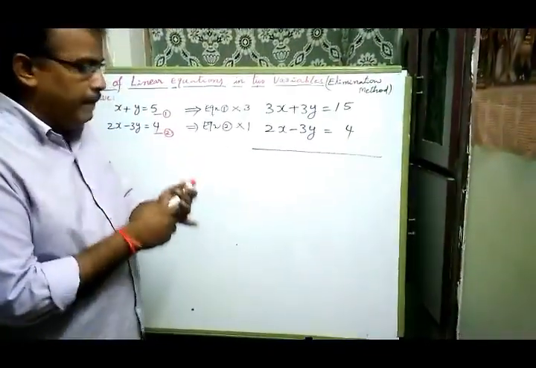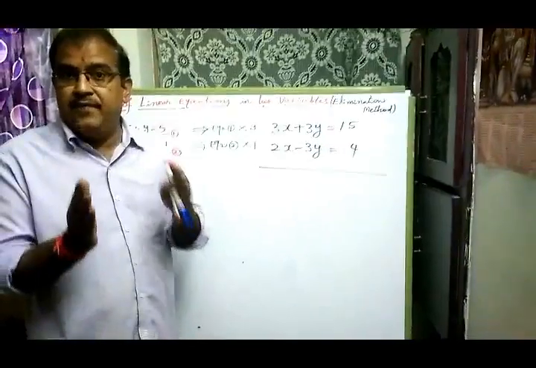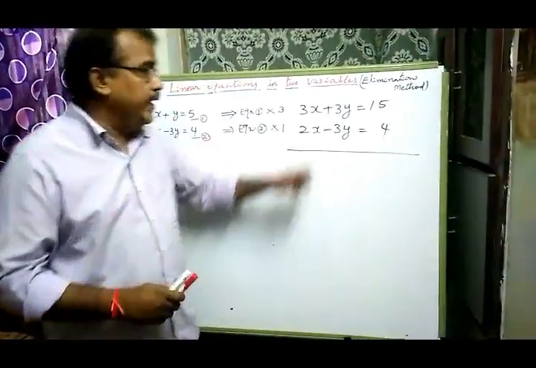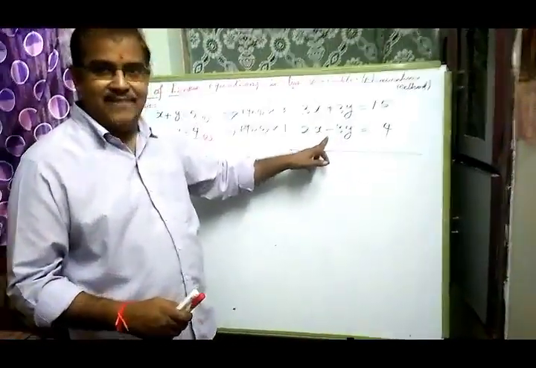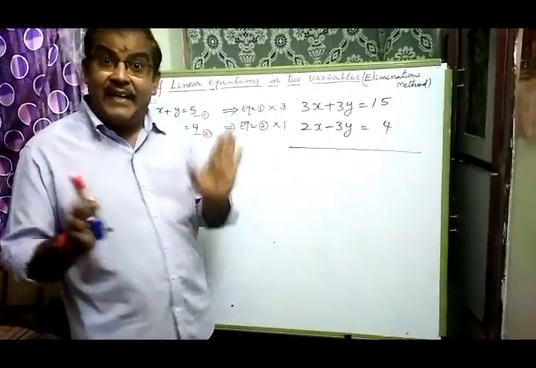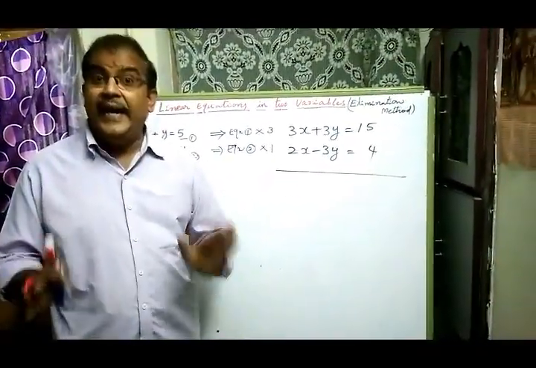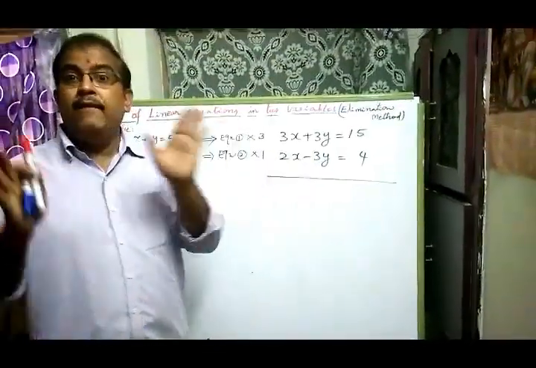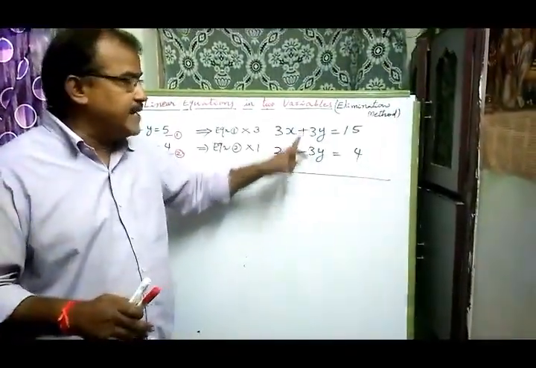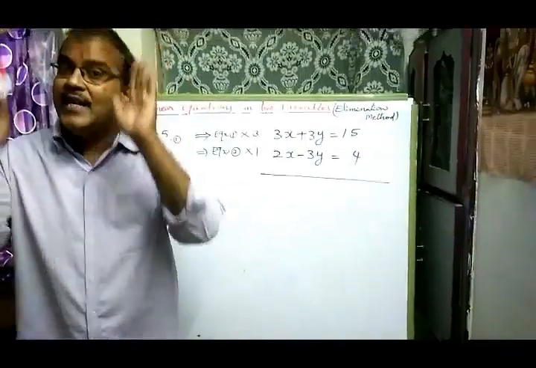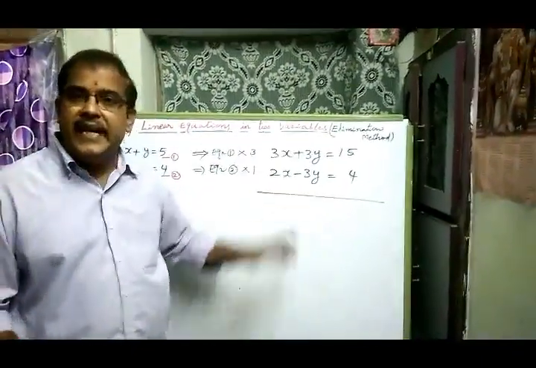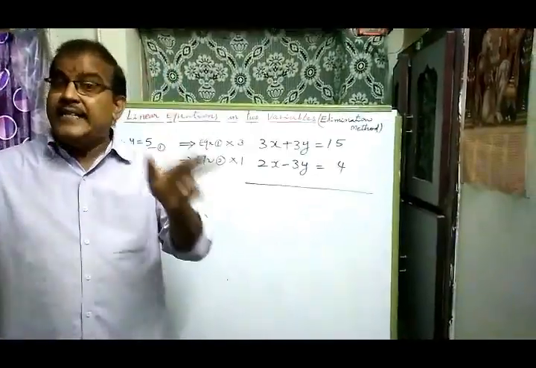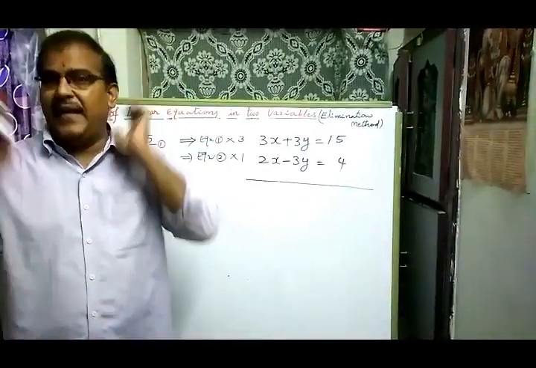I can easily eliminate it, but we often get confused about addition or subtraction. That's why, if plus and minus different signs are there, we have to go for addition. Plus and plus, we have to go for subtraction. Minus and minus, we have to go for subtraction.